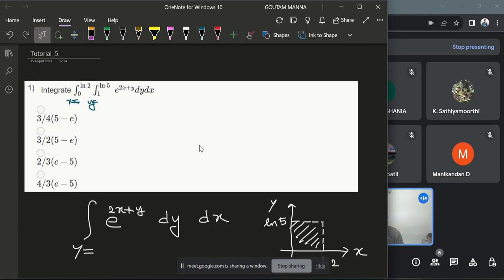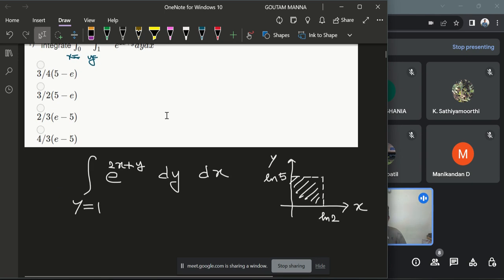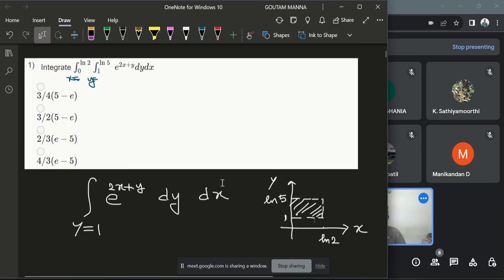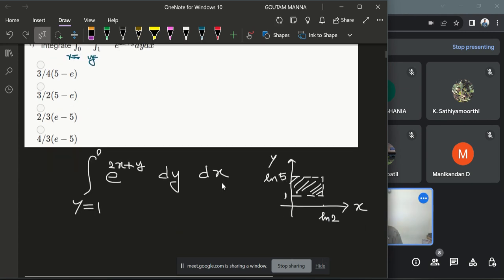So y is going from 1 to ln 5, and x is going from 0 to ln 2.